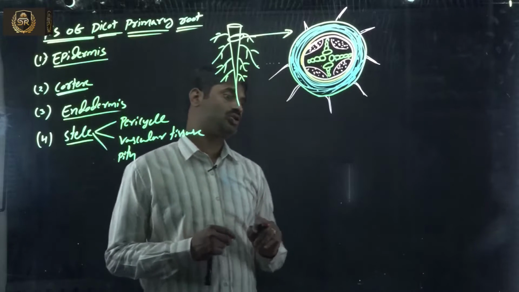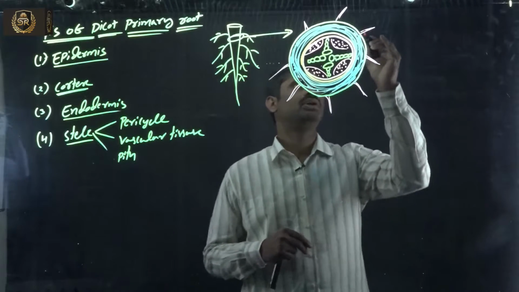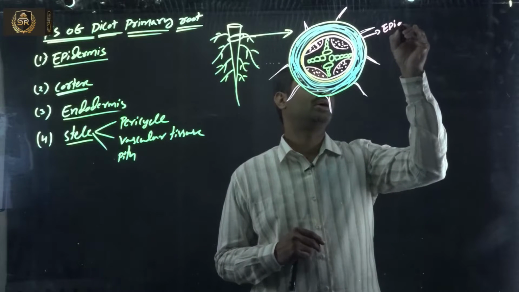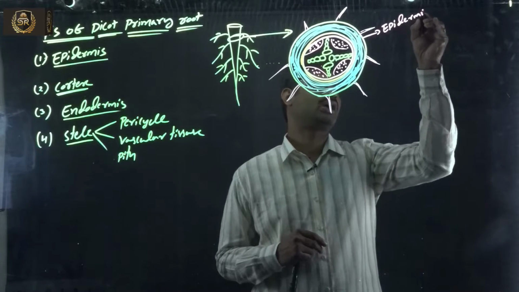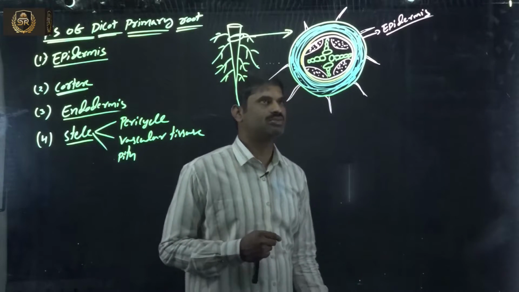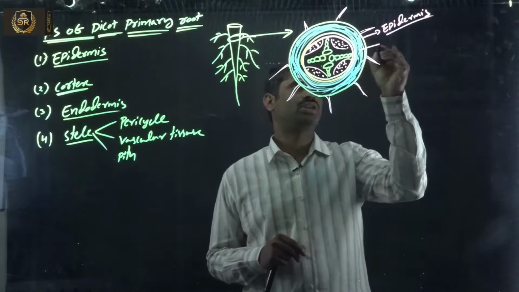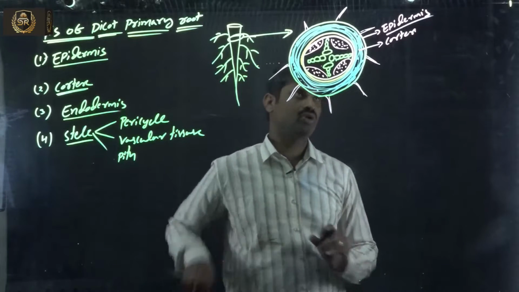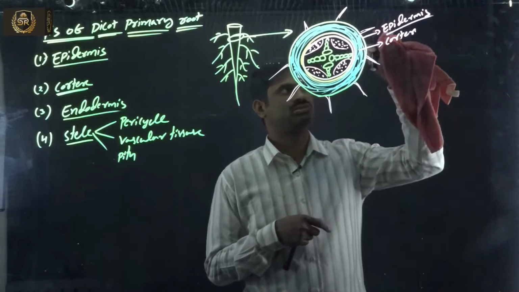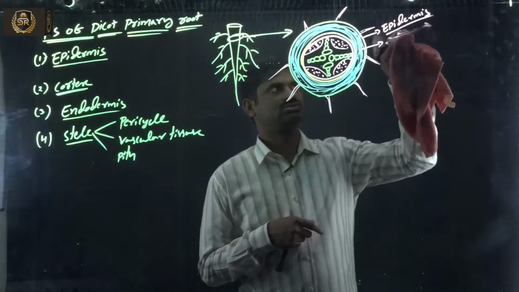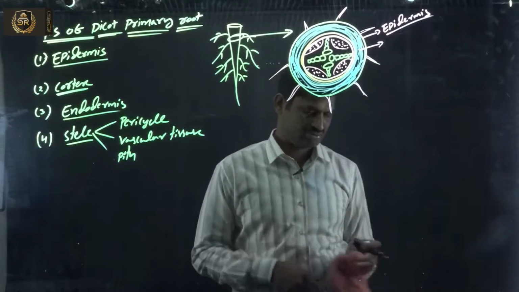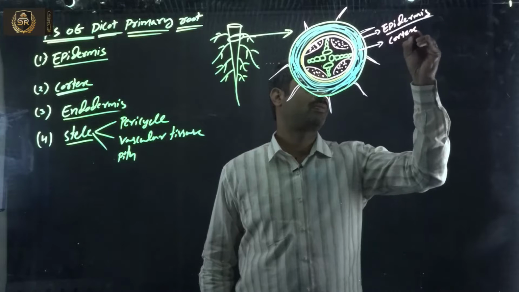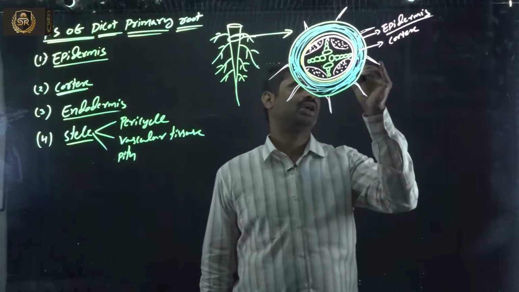This is the ground plan diagram. First one, the epidermis part, the outermost protective layer. The second part is called cortex. Next one, endodermis.